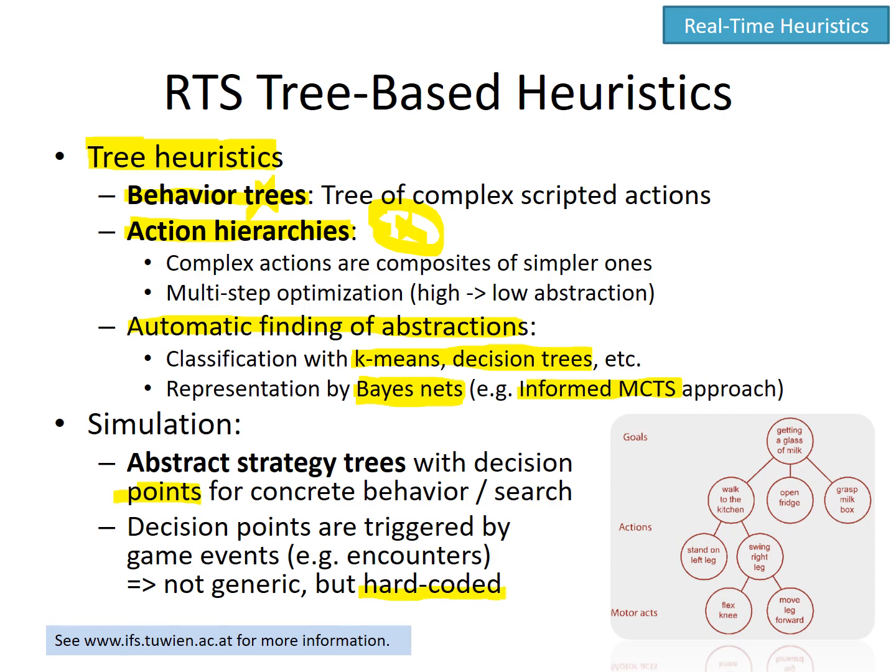So for example, if a foreign unit appears on the game board out of the fog of war, perform a certain action. And that then causes concrete behavior, which would be rule-based, or search by Monte Carlo tree simulation, or depth search, or whatsoever, for an optimal response strategy for a given input.